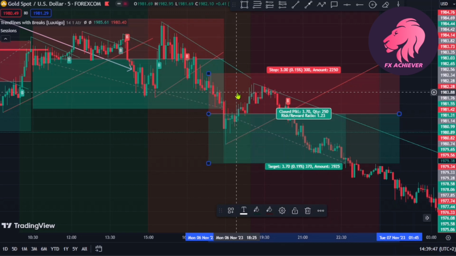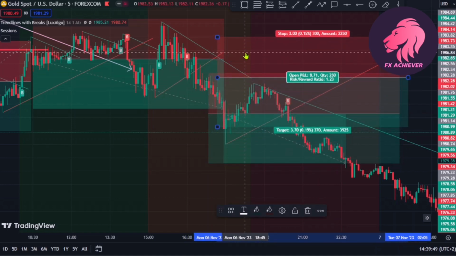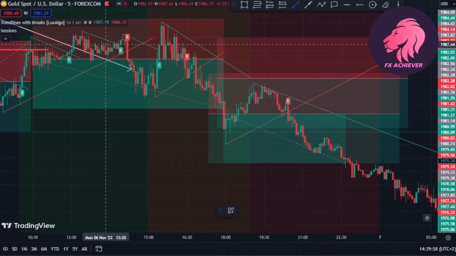The second option is to place a sell stop at just the half. I'm actually targeting the half, as you can see here.